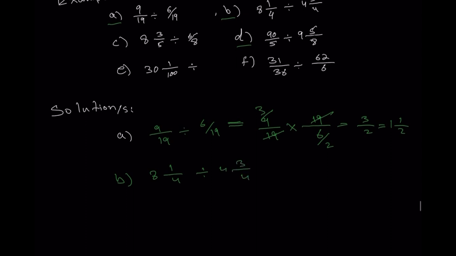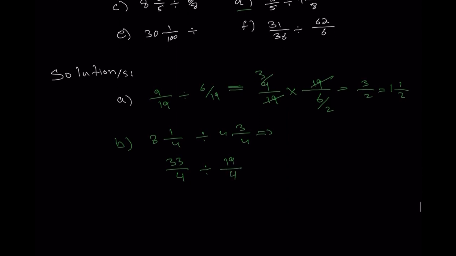Before we do anything, we will have to simplify these. 8 times 4 is 32. 32 and 1 is 33 over 4. 4 times 4 is 16. 16 and 3, 19 over 4. So the second step is, we will not touch the first fraction.